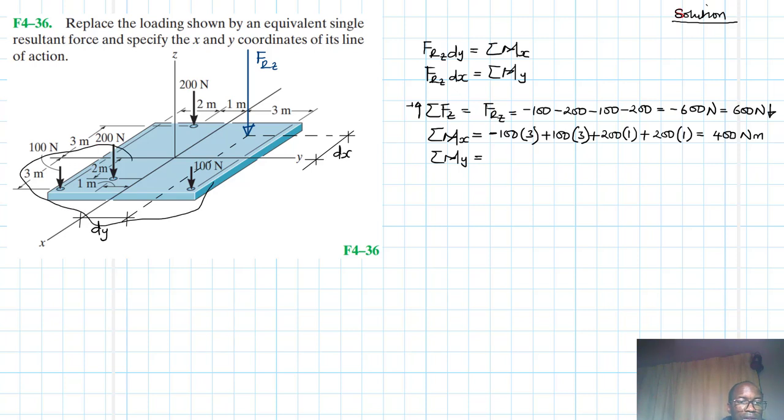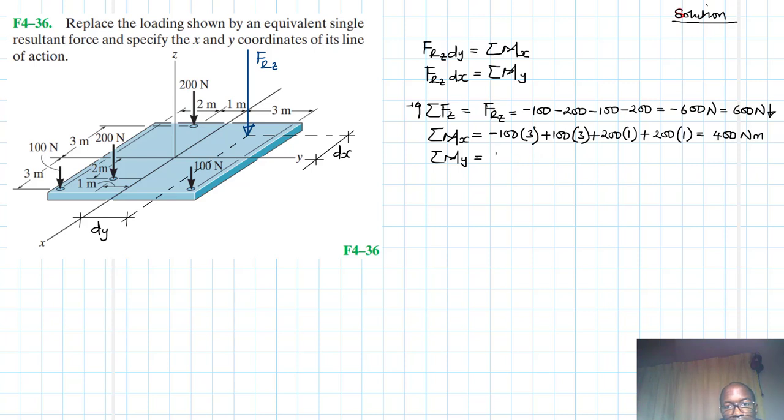These ones here are going to give us a positive moment, while the 200 on the other end gives us a negative. So these are giving us mostly positive moments.